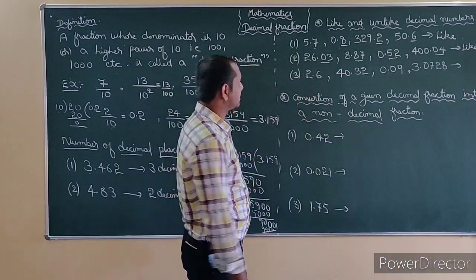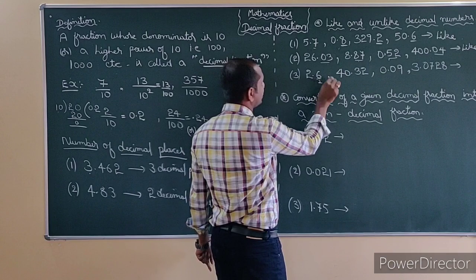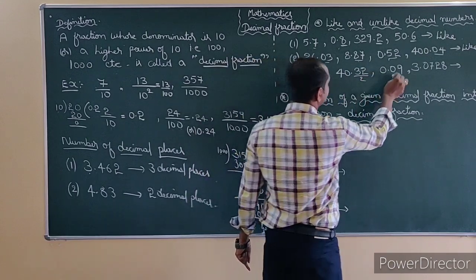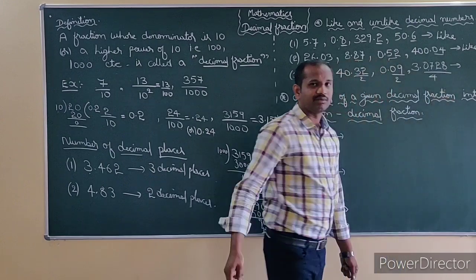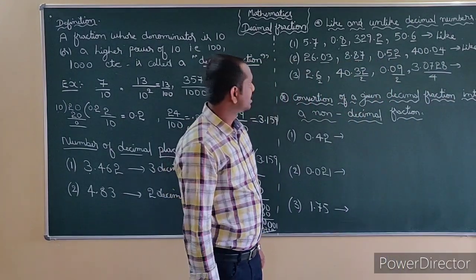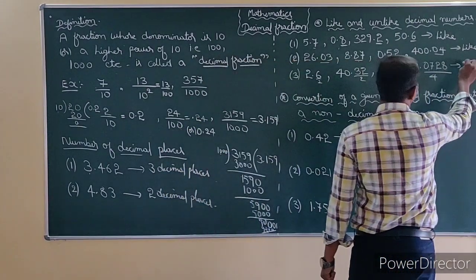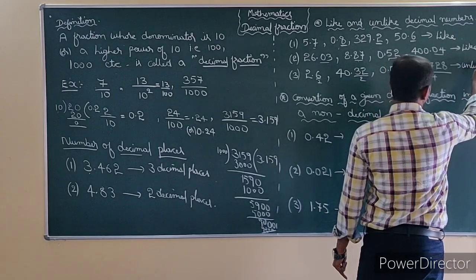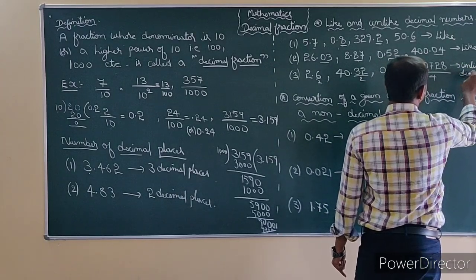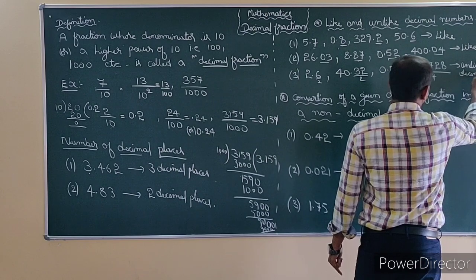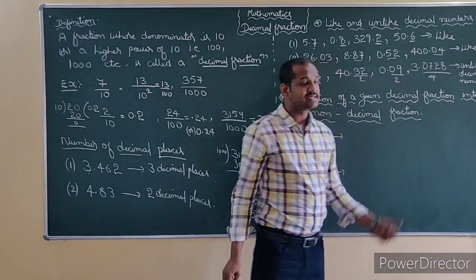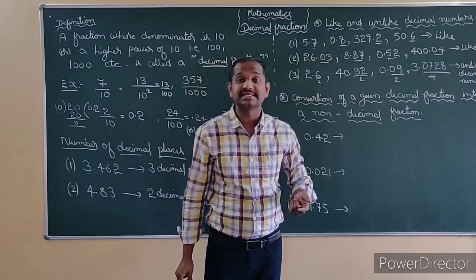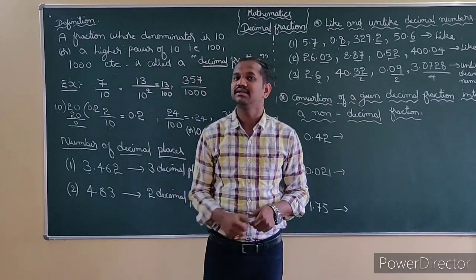Let us take a third example. Here we have 1, here 2, here 2, and here 4. What do we call this? We call this unlike decimals. Understood? This is how we find like and unlike decimal numbers in the case of decimal fractions.